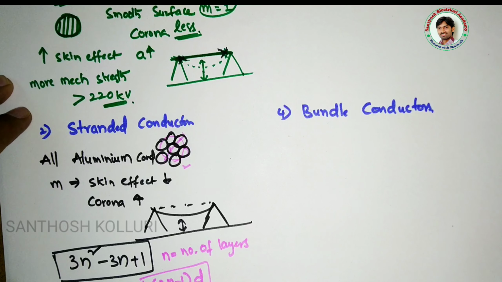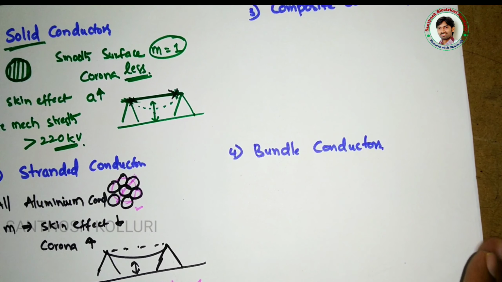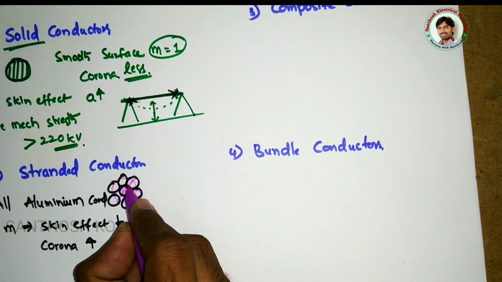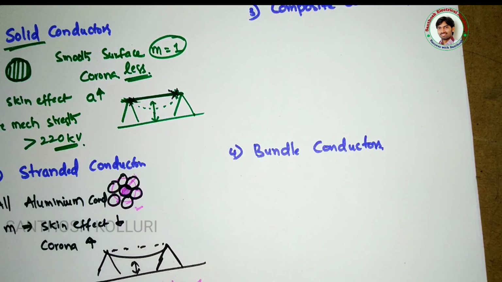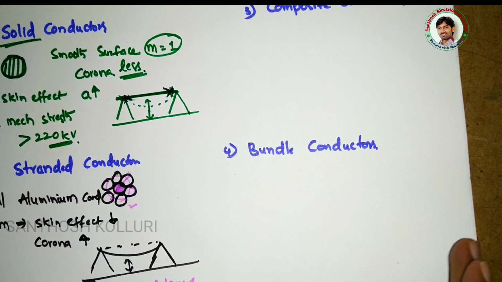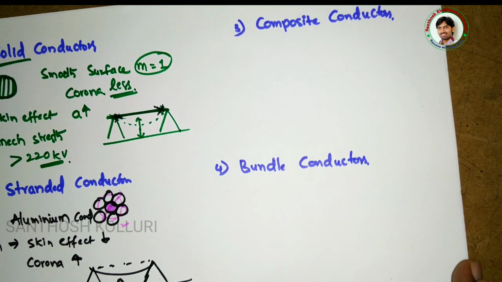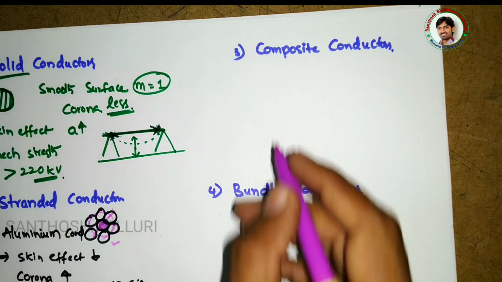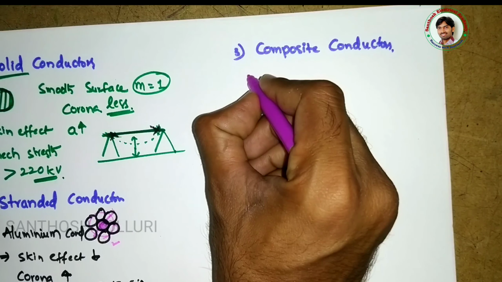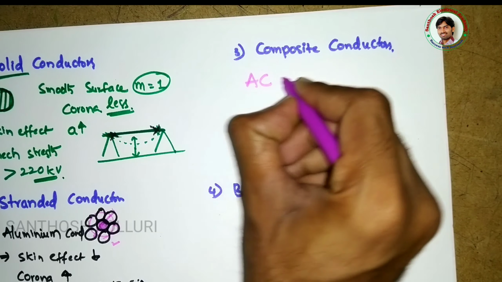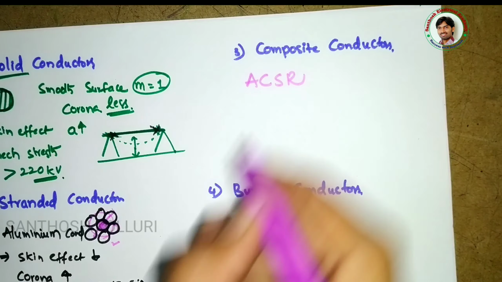Okay, so this is regarding stranded conductors. If you replace this center aluminum conductor with a steel conductor, then that kind of conductor will be called aluminum core and steel reinforced.